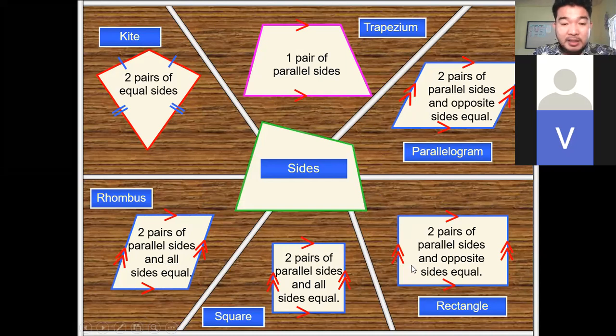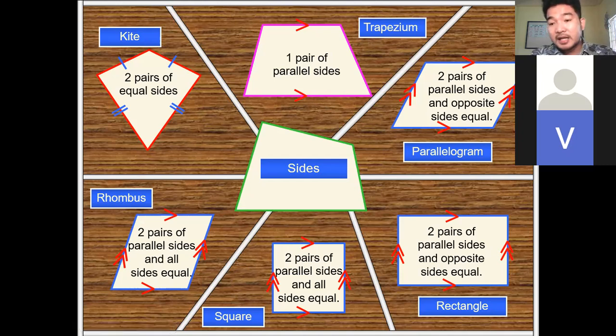Because the properties of the rectangle, the rhombus, and the square with respect to their sides are also the same with the properties of the parallelogram. Yun nga lang, when it comes to rhombus and square, the sides are not just parallel sides but also equal.